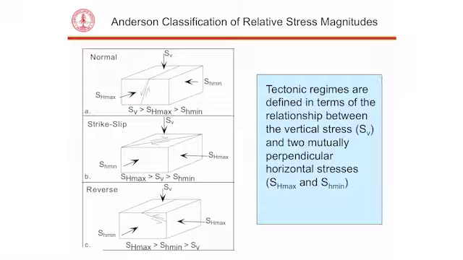By the way, in this class, we will use the convention that compression is positive. A compressive force is a positive force. Now that is the standard convention in structural geology. It's the standard convention in rock mechanics. It is not the standard convention in material science.